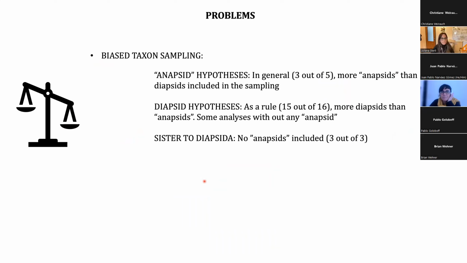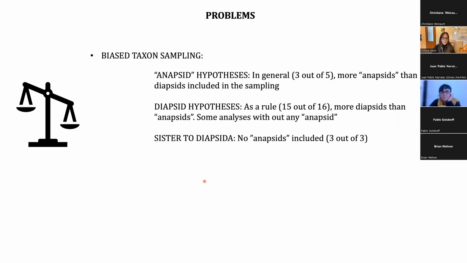So we were trying to look into the matrices of this analysis, and we found that there is a biased taxon sampling. For example, in the anapsid hypothesis, in general, 3 out of 5, there are more anapsids than diapsids included in the sampling. And when I say more, it's way more.